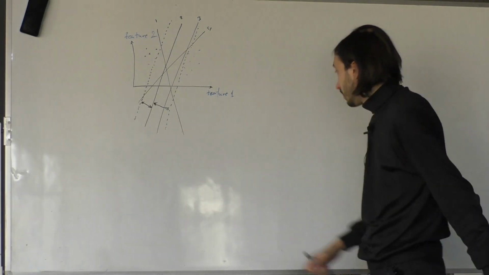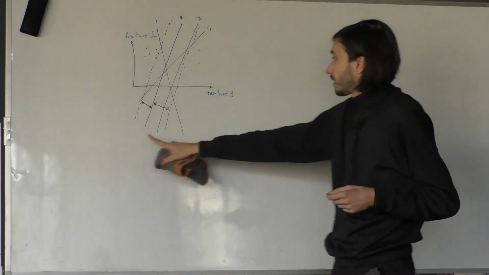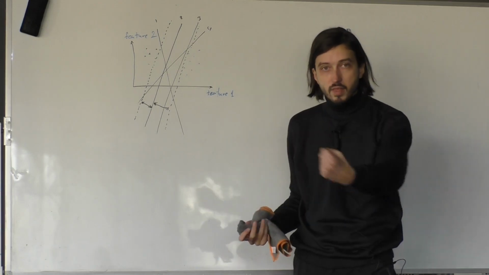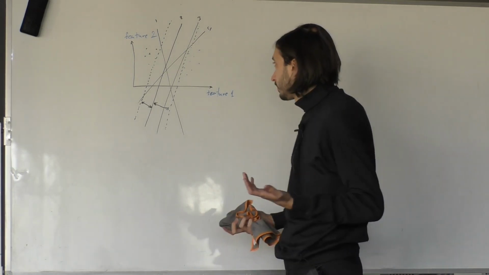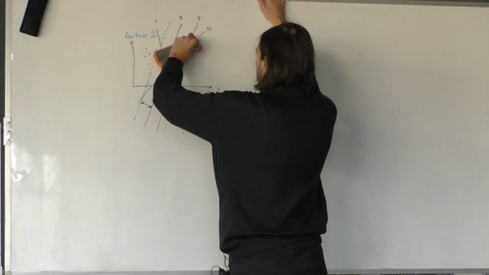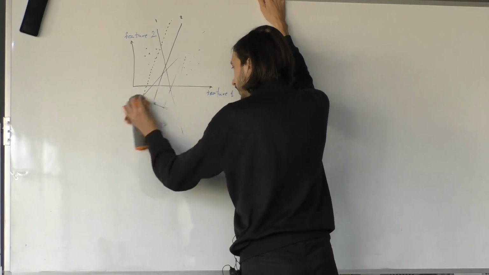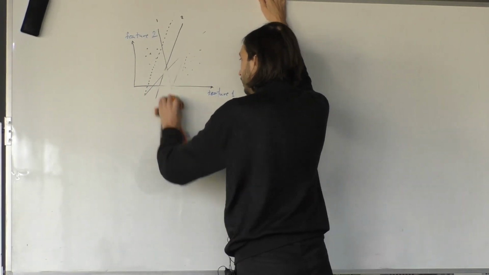So we want to draw a line that is not only separating our points, but it lies from these points quite far away. Okay, let's try to think about this problem. So let me remove all the redundant lines.